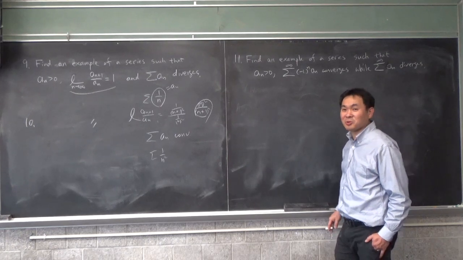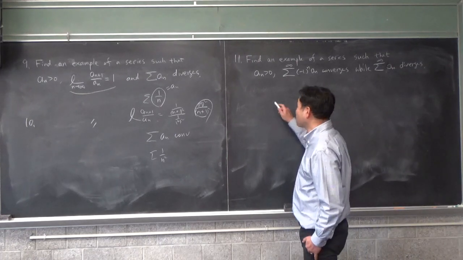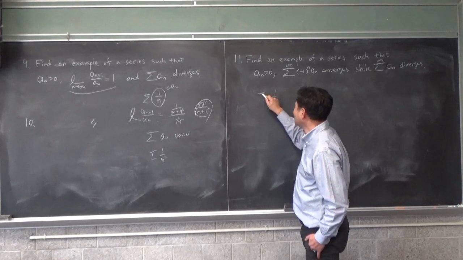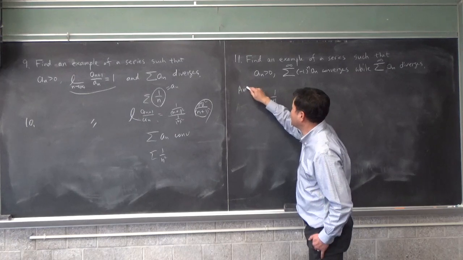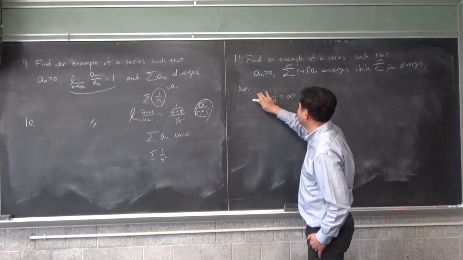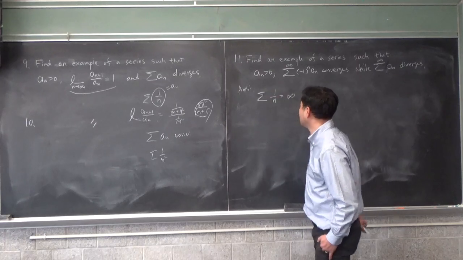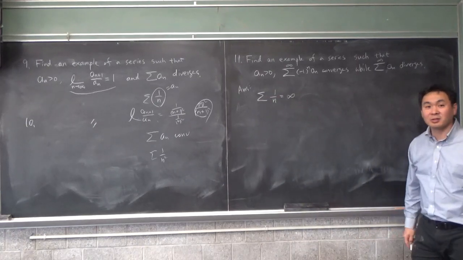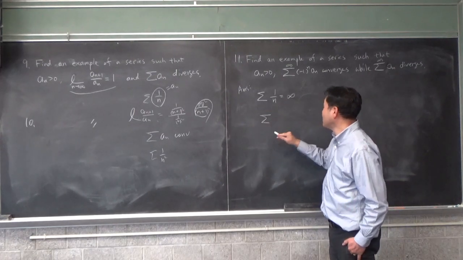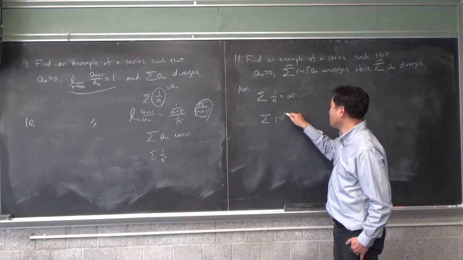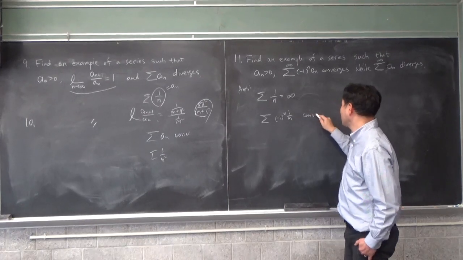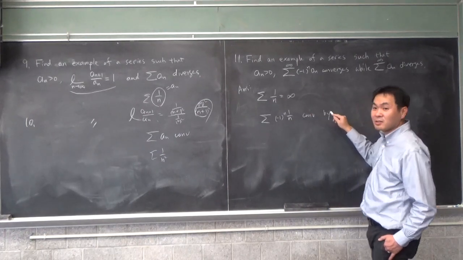The harmonic one, so 1 over n, we know that this one diverges. But then the summation of negative 1 to the nth power of 1 over n converges by what test?